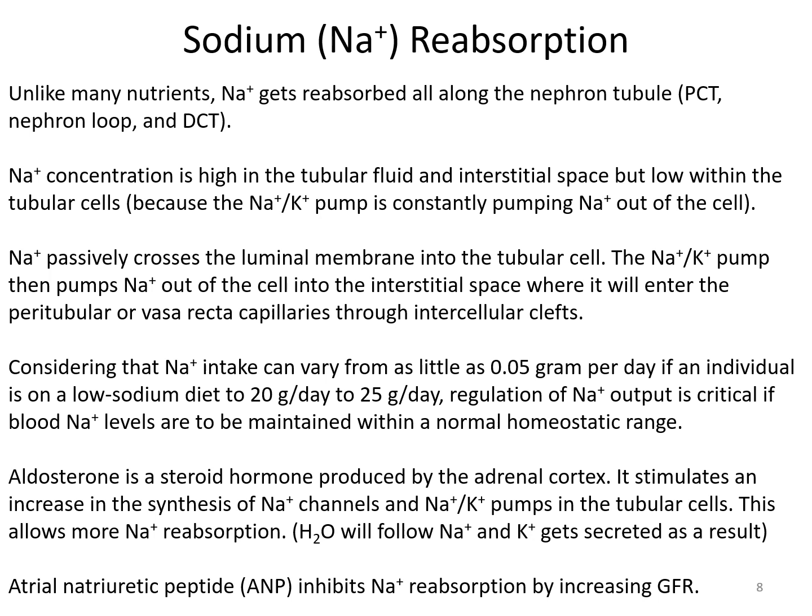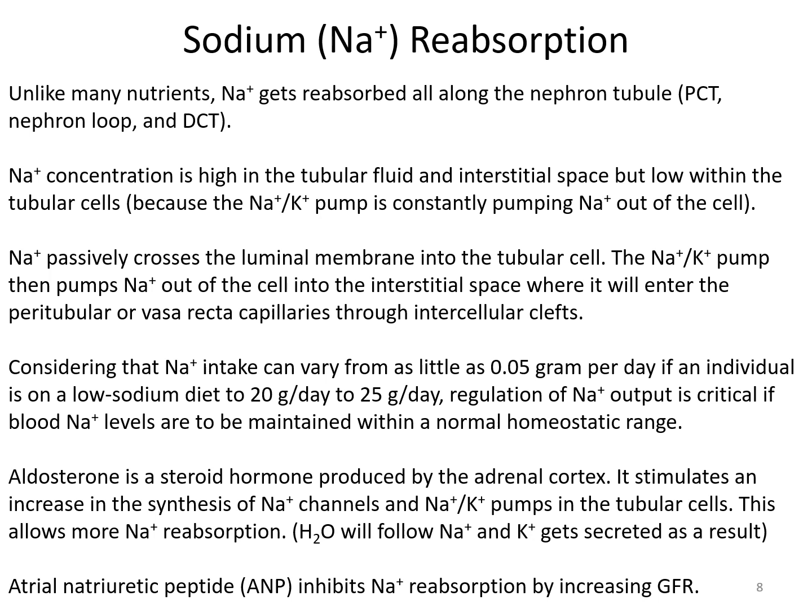So again, the sodium concentration is high in the tubular fluid and in the interstitial space, but it's low in that tubular cell. So remember, if you picture that tubule cell, on the top of it was the interstitial space, on the bottom of it was the tubule inside the tubule system. And so in both of those spaces, the sodium concentration is high. In the actual tubule cell, it's low.